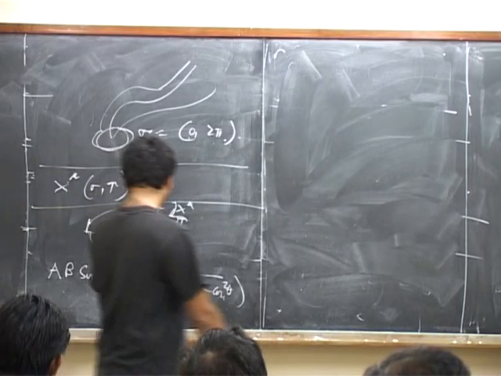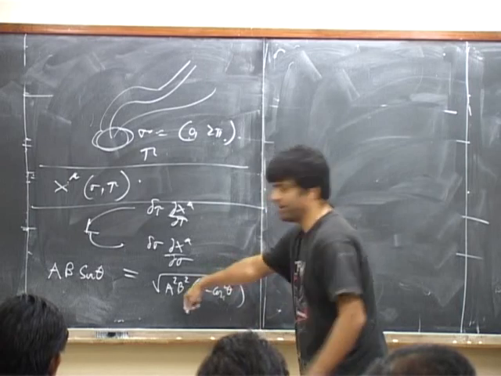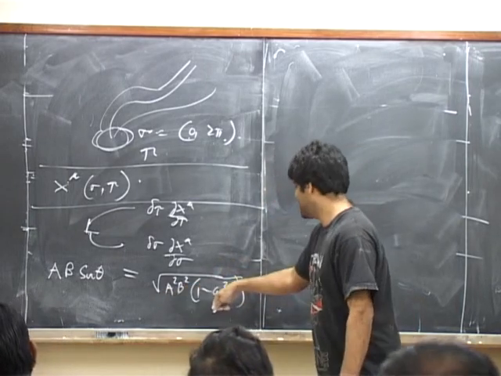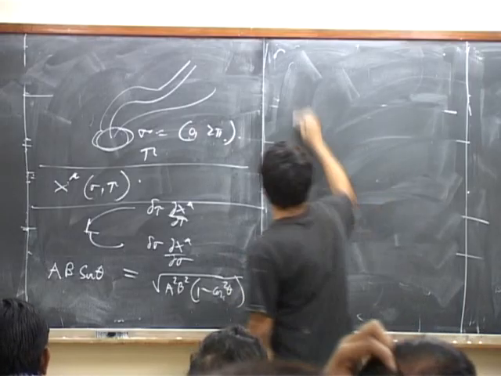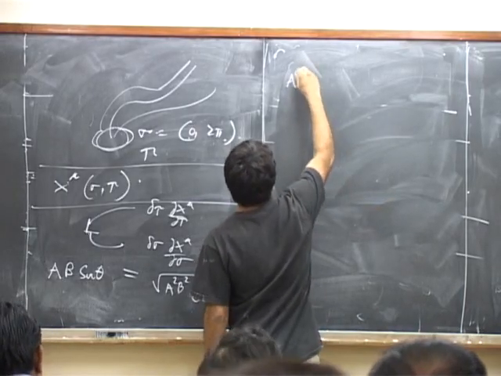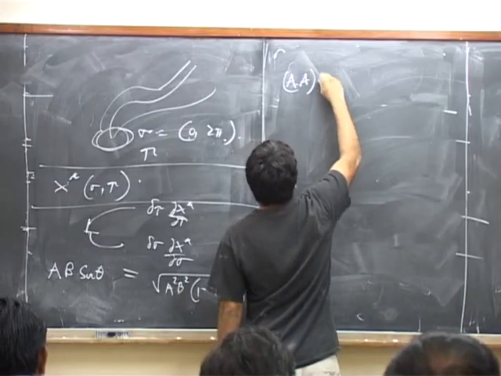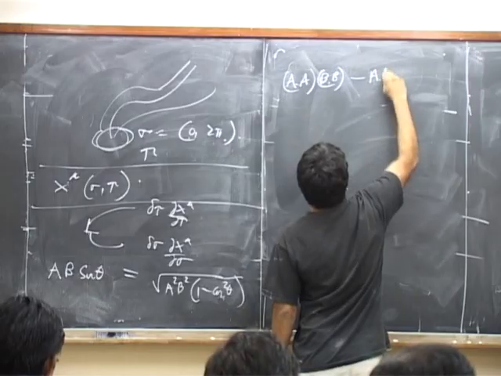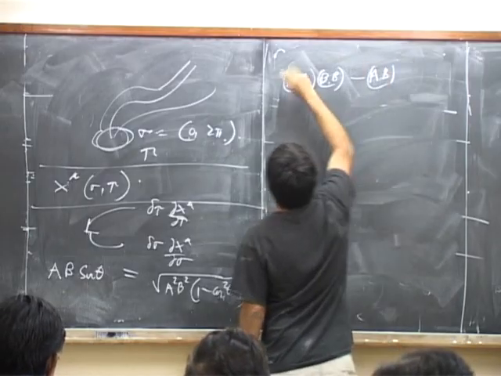Why is that useful? It's useful because each of these expressions can now be written as a dot product. This is A dot A, this is B dot B, and this is A dot B, the whole thing squared. So the area is square root of A dot A times B dot B minus A dot B, the whole thing squared.